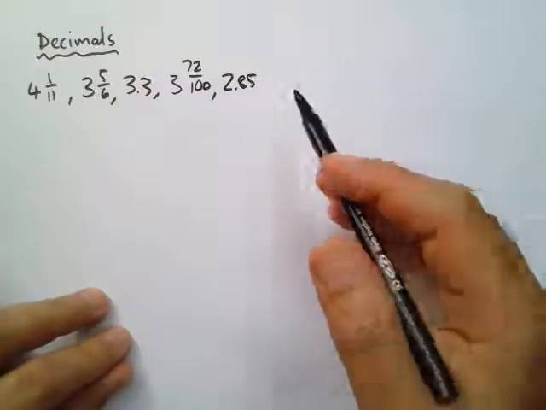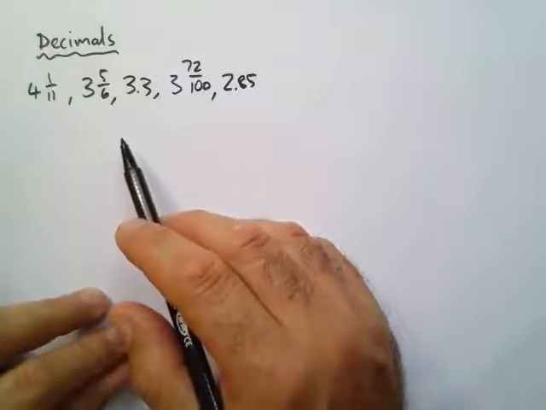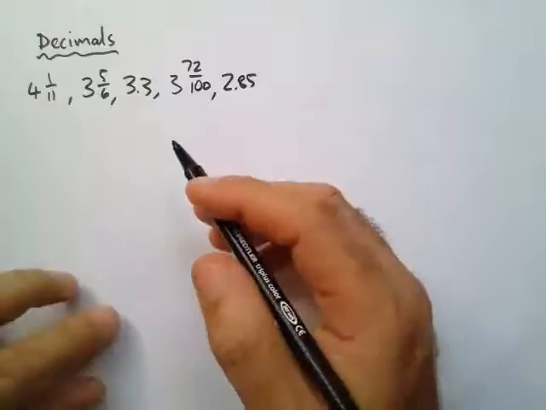So what we have is a system where we write it in terms of tenths, hundredths, and thousandths.